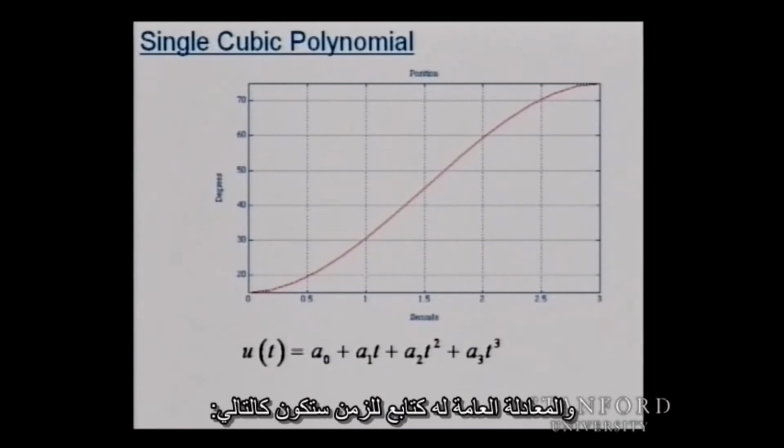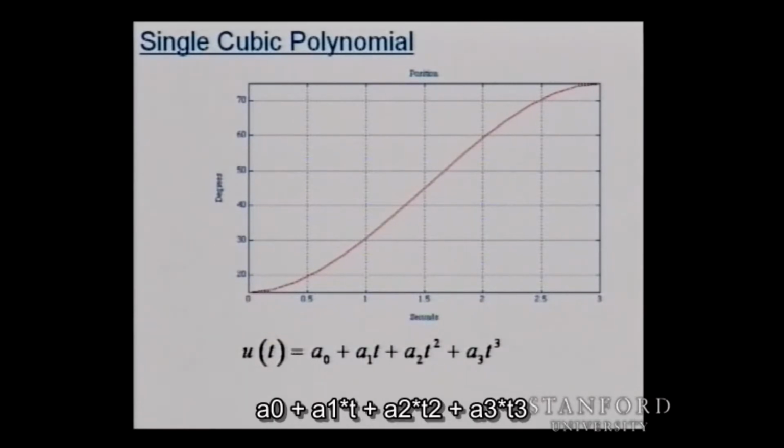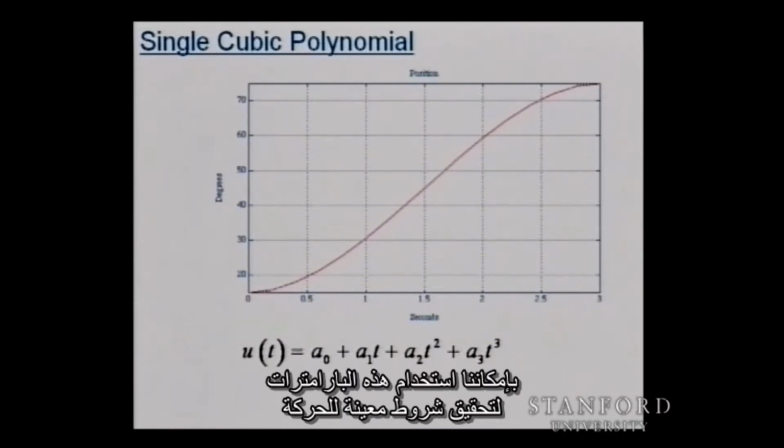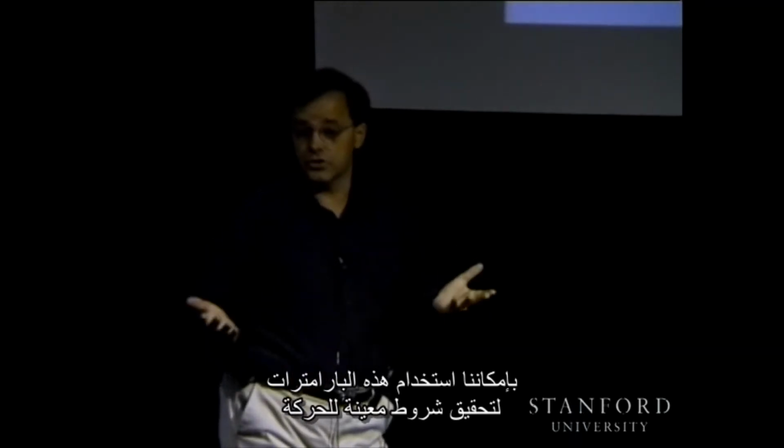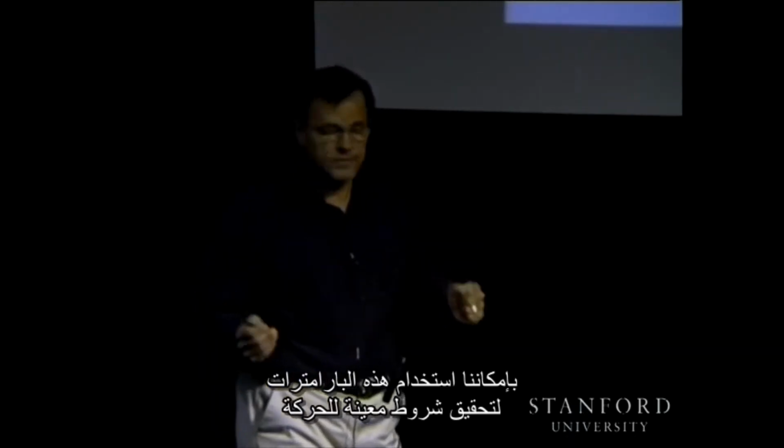A general equation for that, as a function of time, would be a0 plus a1t plus a2t squared plus a3t to the third. As we said, we have 4 parameters here, which we can use to satisfy certain conditions for the motion.